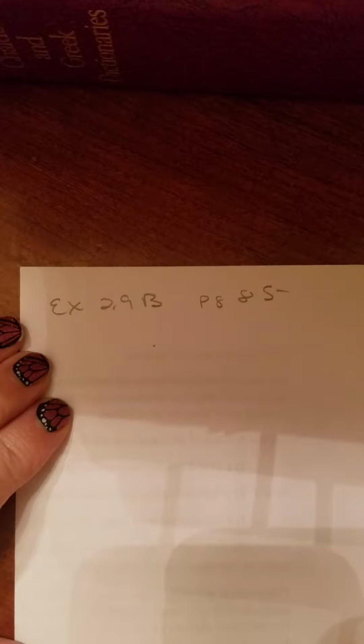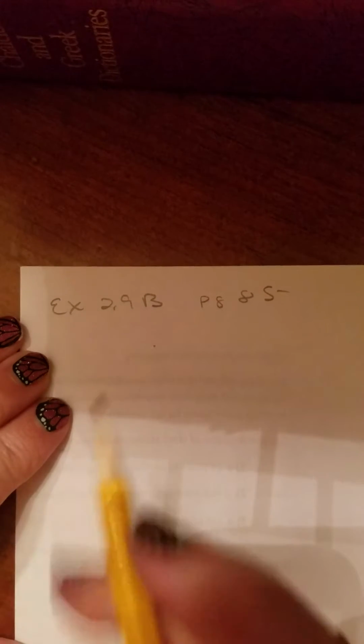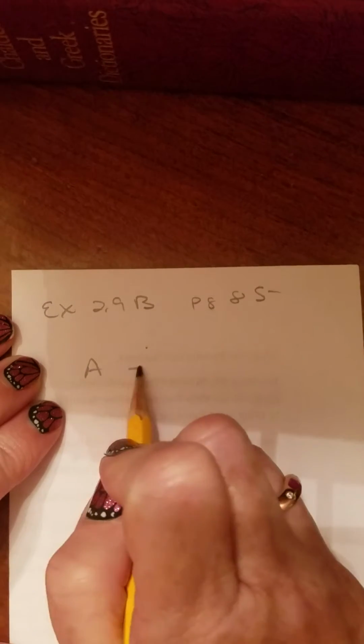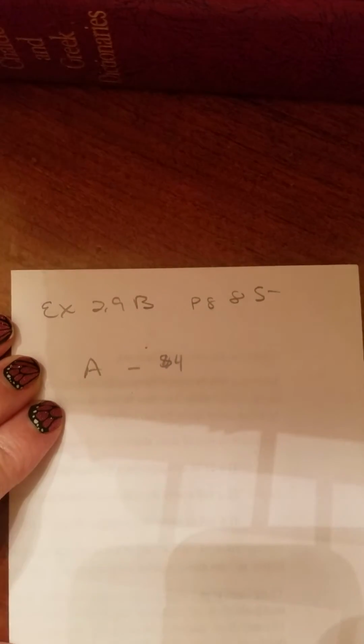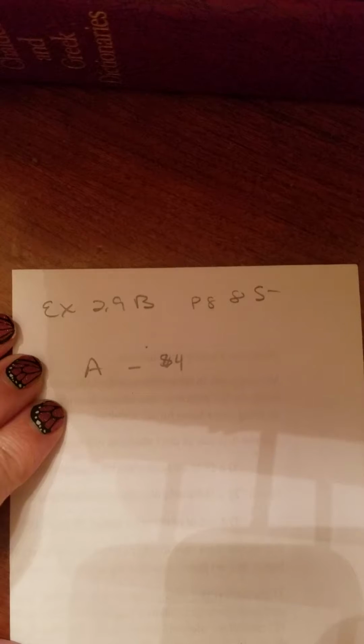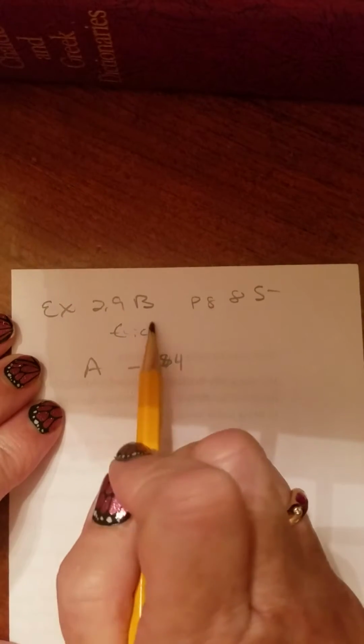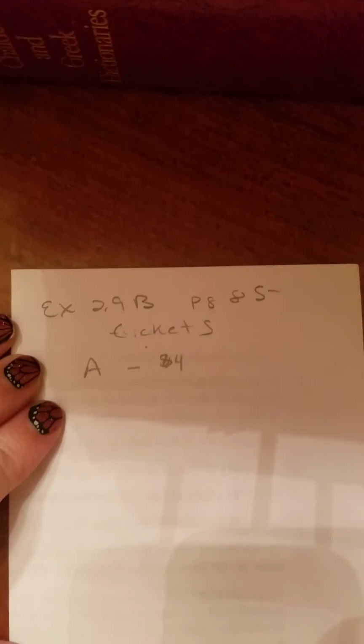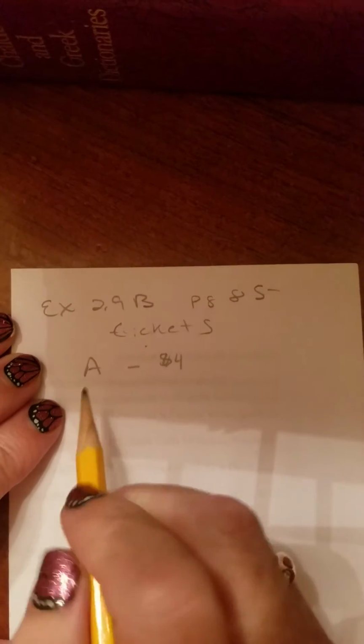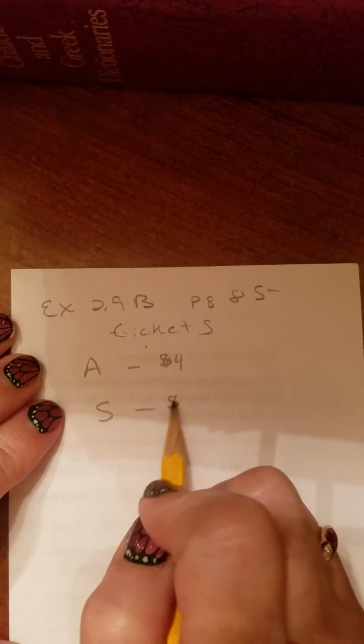Tickets to the West Side Christian School Science Fair were $4 for an adult. So the adults, they were charging $4 per ticket, because we're talking about tickets to the science fair. And for students, they were charging $2.